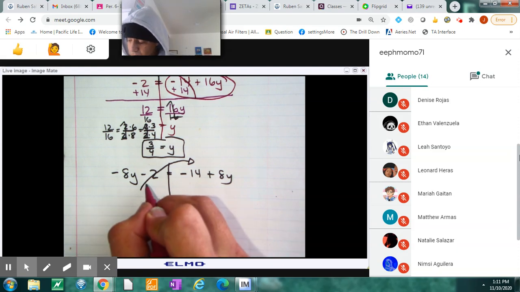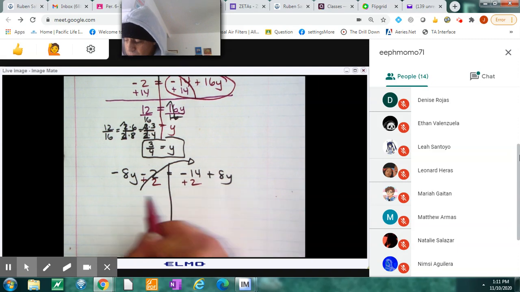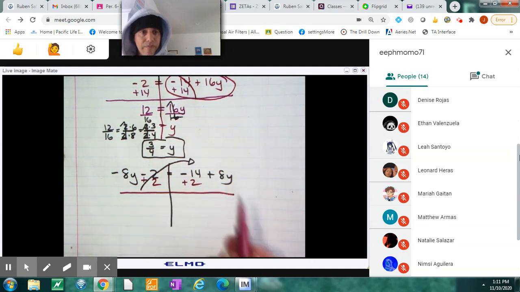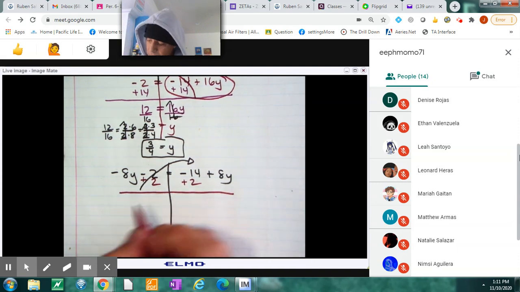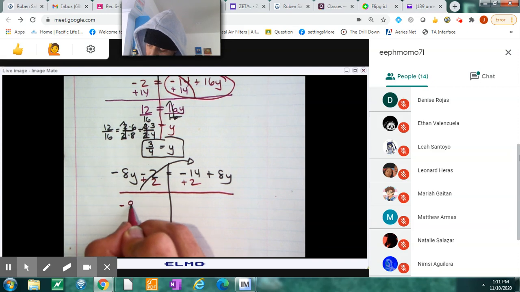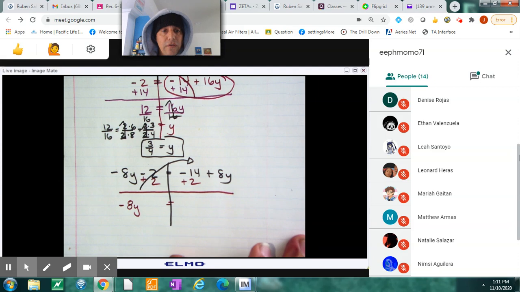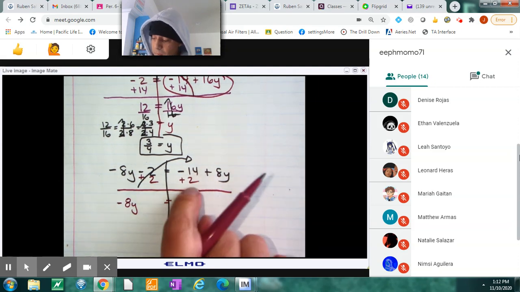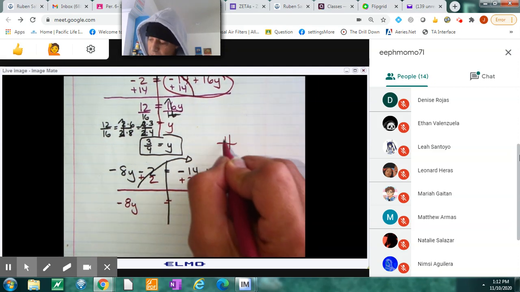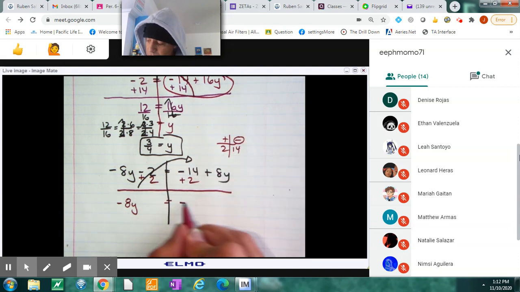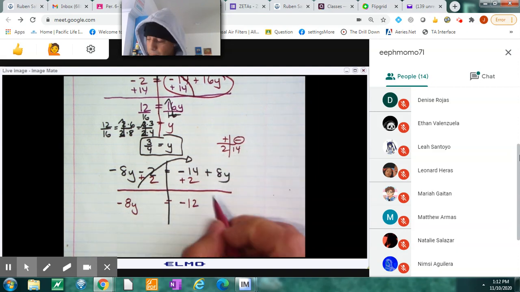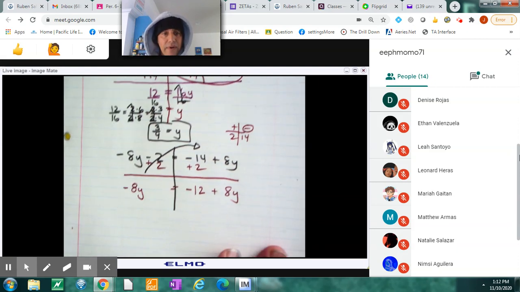We have to add a 2 on both sides. Okay? See that? And then what comes down? The -8y equals, so let's see, what's -14 plus 2? I'll do the T chart, and that's negative 12, right, plus 8y, right? You see that?